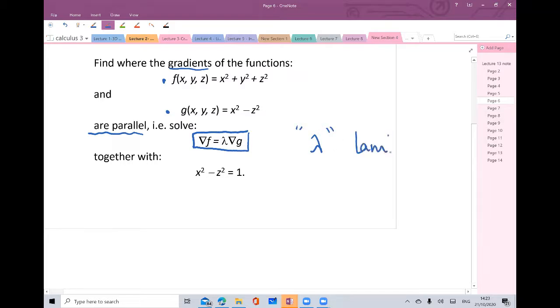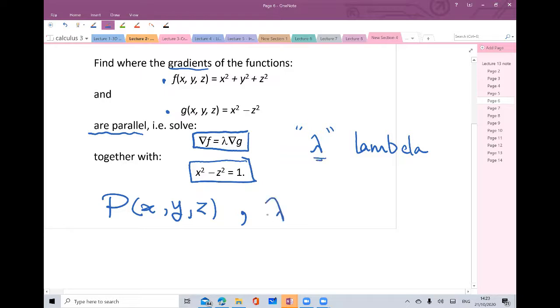We all know this lambda, right? Together with this constraint, I'm going to solve for x, the points. What are the unknowns here? I'm looking for the point x, y, z, and now I've added another unknown, which is lambda. So I want to solve these equations for x, y, z and lambda.